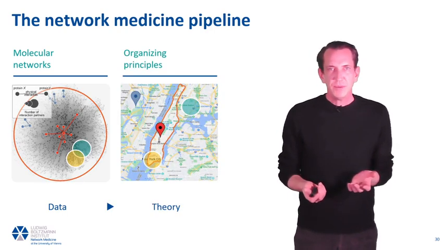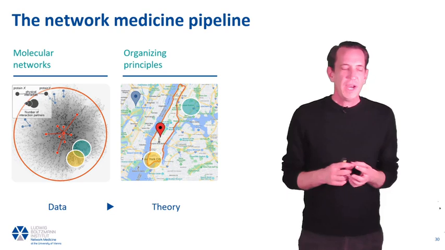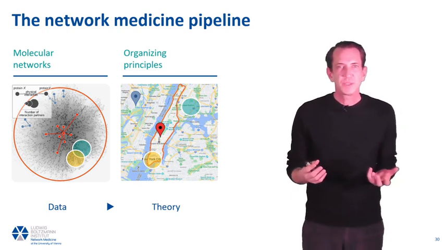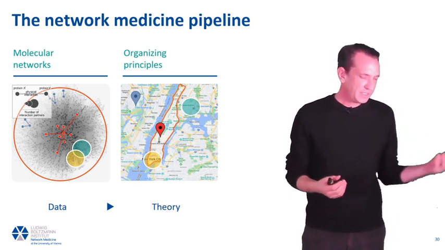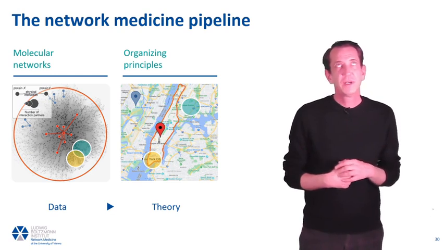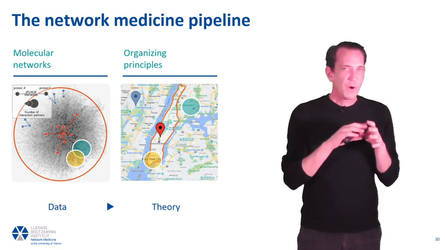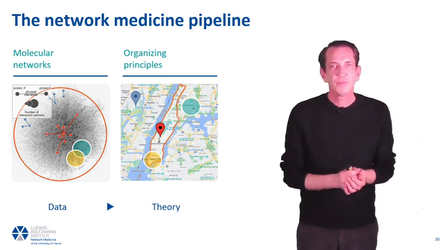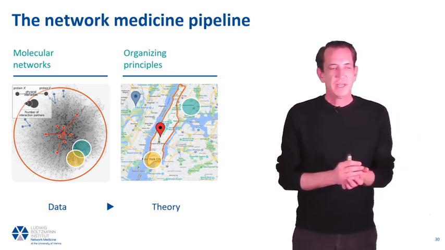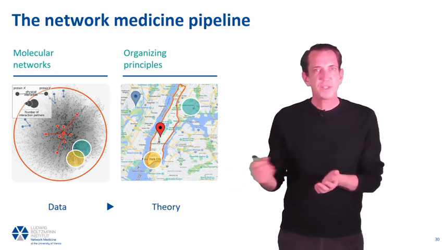In a second step, we try to identify what are organizing principles, and in this lecture today I have summarized them in these 4 key metaphors: that the overall shape of a network is important and can be quantified and is related to evolutionary processes.